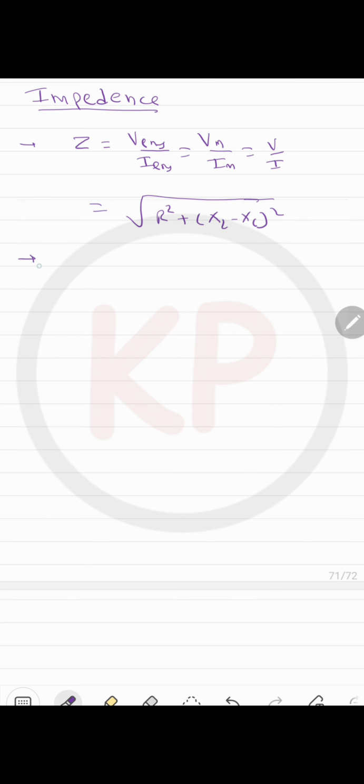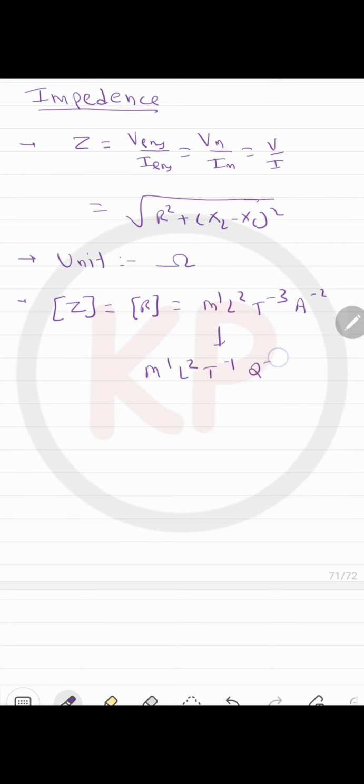Now let's see its unit. This unit is ohm. Dimensional formula of impedance is same as that of resistance, and that is M1 L2 T minus 3 A minus 2. In terms of coulomb, we can say it is M1 L2 T minus 1 Q minus 2.